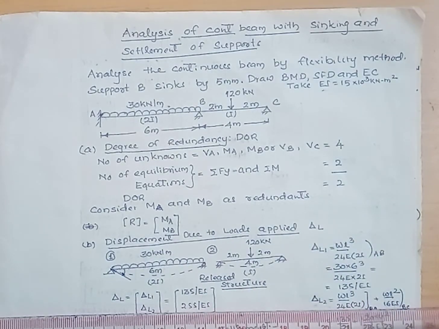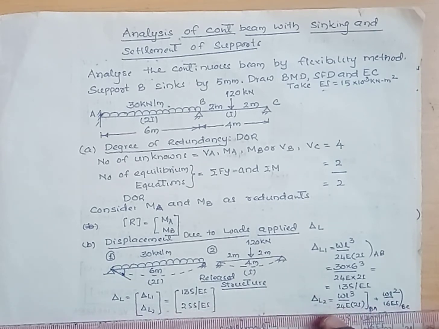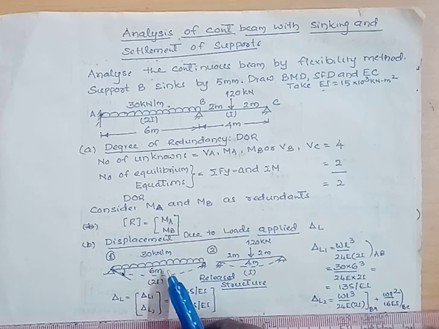Then the next step is, first we have to release the structure. By releasing the redundants, we have to draw the basic diagram subjected to the applied load. Here this one is A, this one is B, A to B has 30 kilonewton per meter.